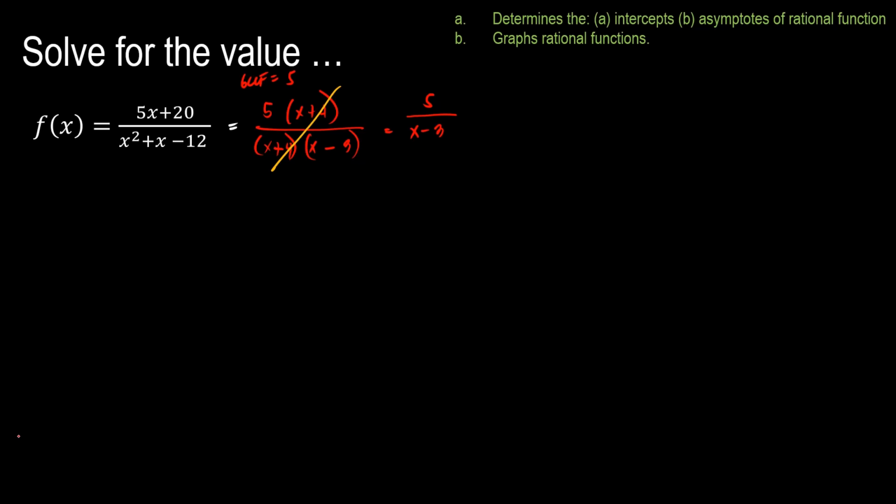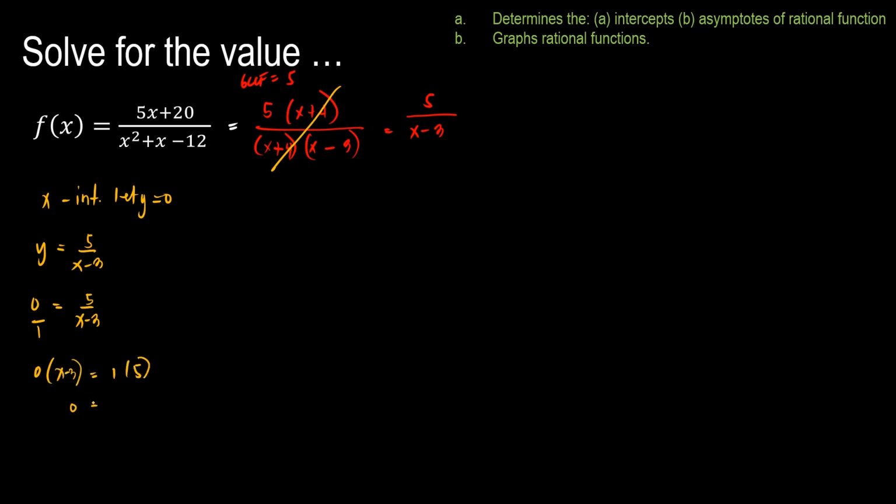Then, now we can get the x-intercept. Let y is equal to 0. Since we have y is equal to 5 all over x minus 3, 0 equals 5 over x minus 3, do the cross multiplication. This is over 1. We have 0 times x minus 3 all over 1 times 5.